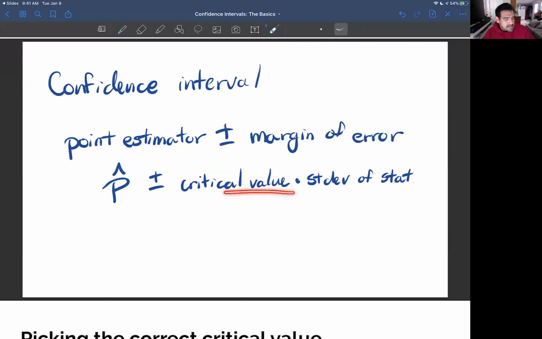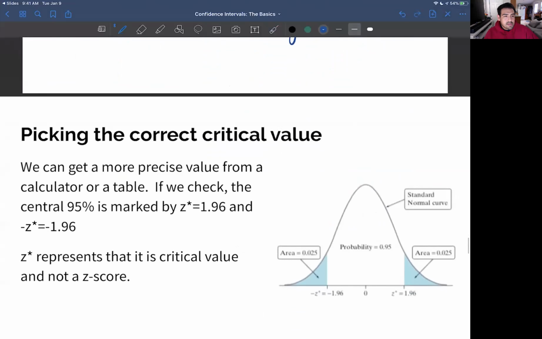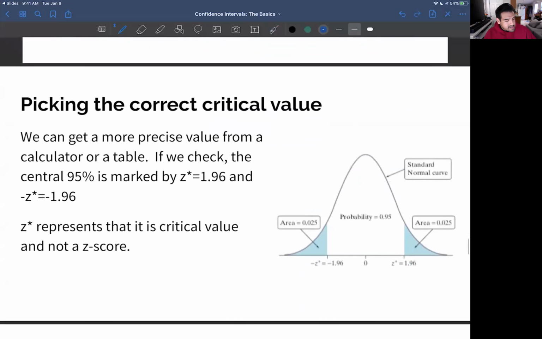Now we need to talk about the critical value. Remember, the critical value is how many standard deviations are we looking for? So how do we select that correct critical value?